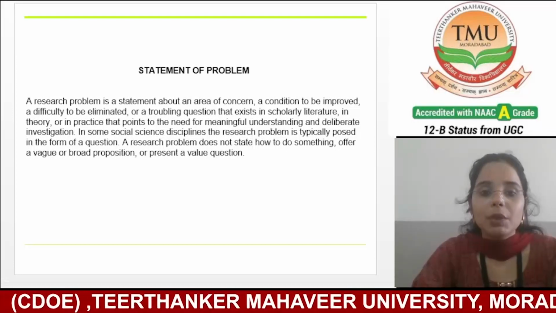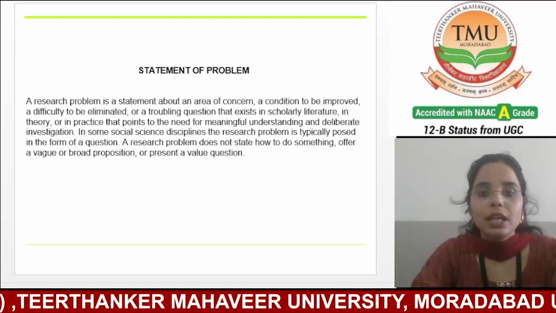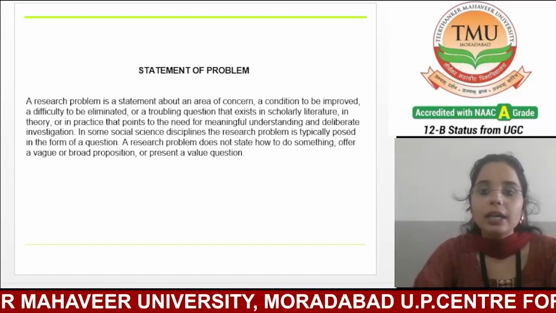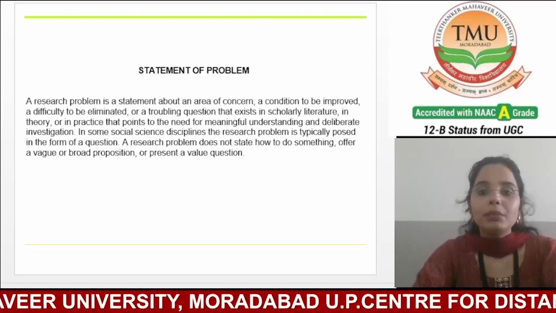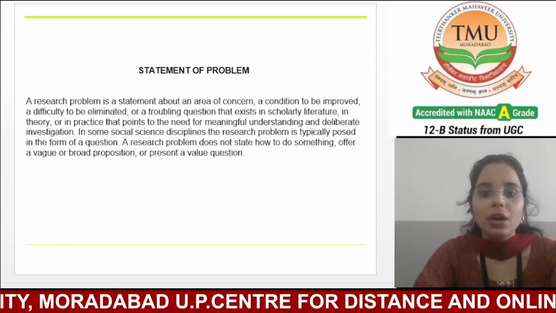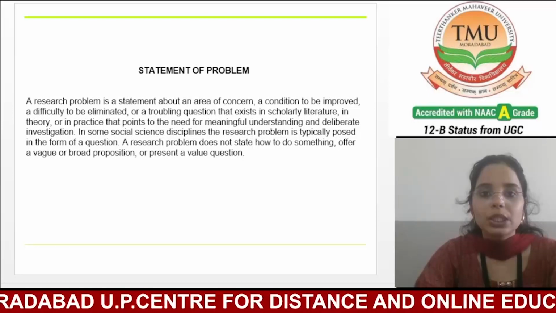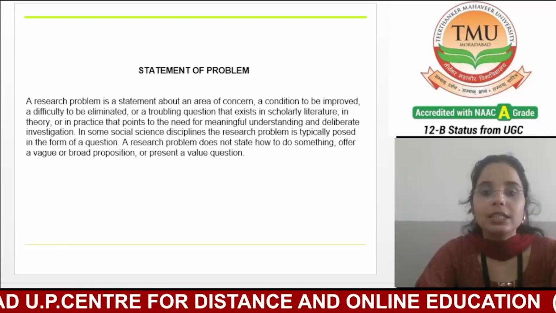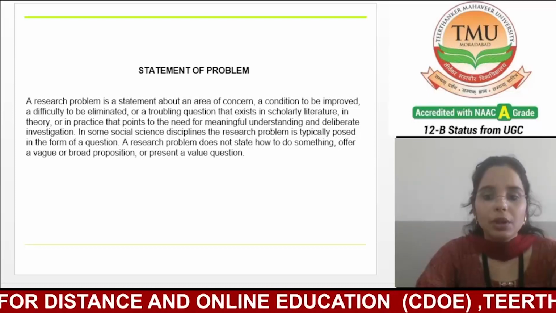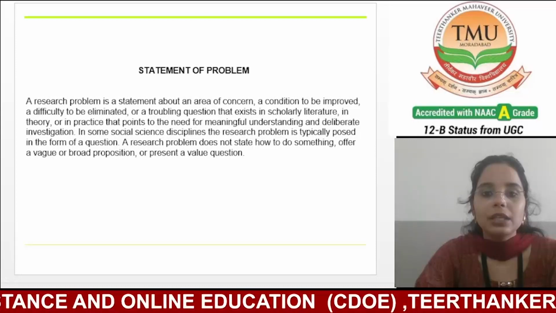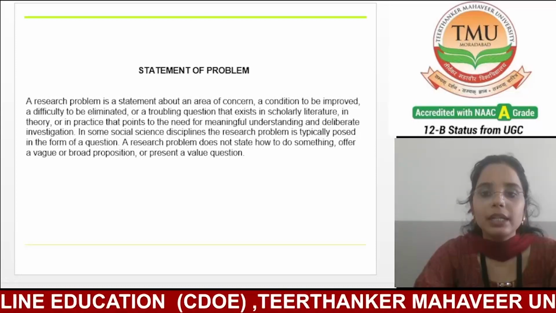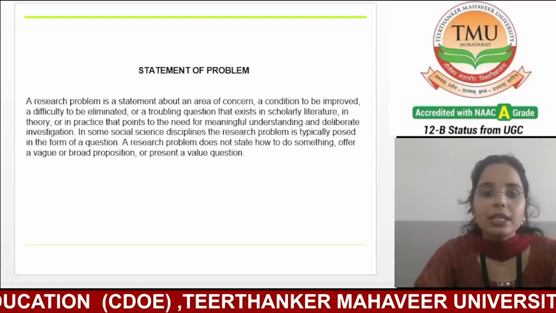A research problem is a statement about an area of concern, a condition to be improved, a difficulty to be eliminated, or a troubling question that exists in scholarly literature, in a theory, or in a practice that points to the need for meaningful understanding and deliberate investigation.